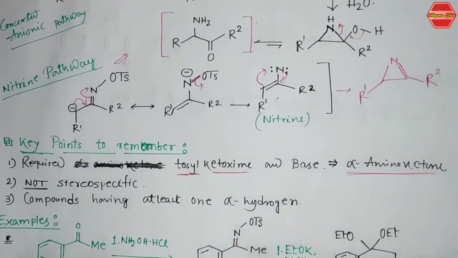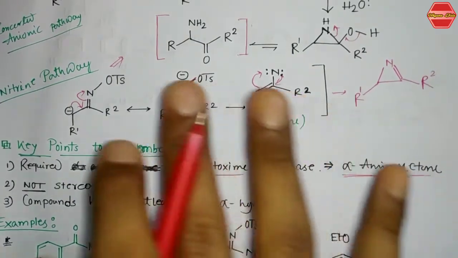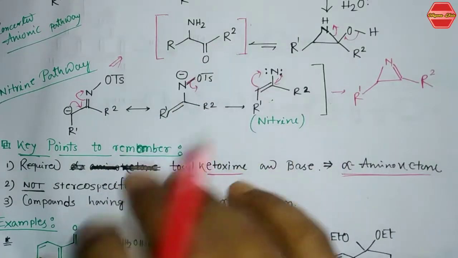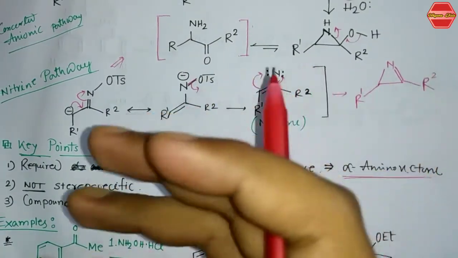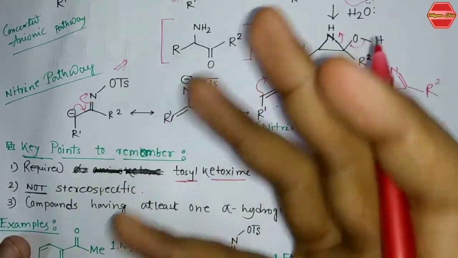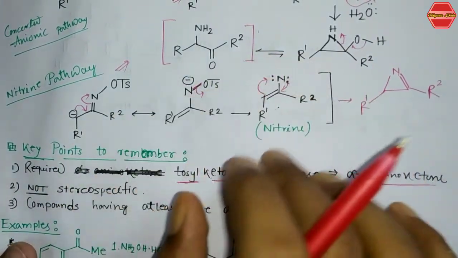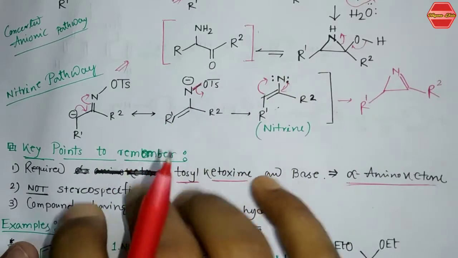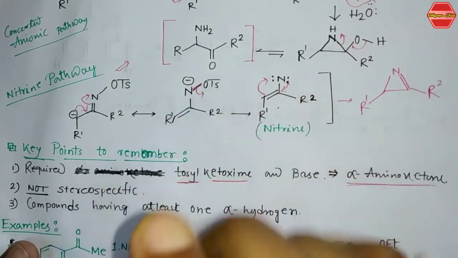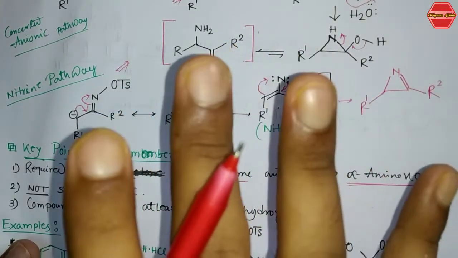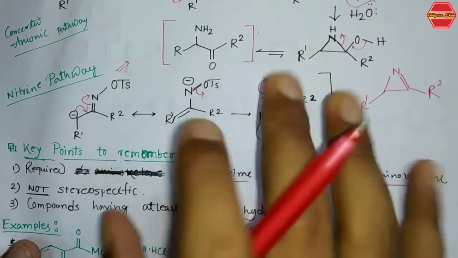The basic difference between the Neber rearrangement and the Beckmann rearrangement is that the Beckmann rearrangement is acid catalyzed, but for the Neber rearrangement you have to put a base, and the substrate must contain an alpha hydrogen.